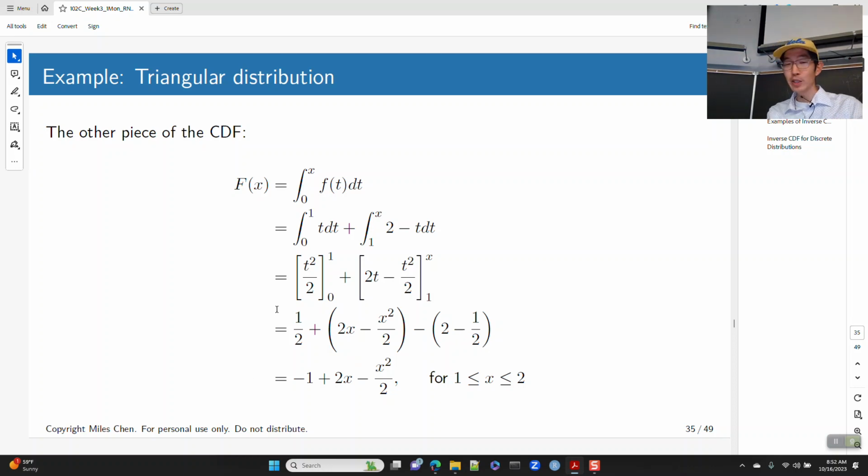So you have 1/2 plus this minus 1.5, and this becomes negative 1 plus 2x minus x squared over 2. Is that all right? So we just have this piecewise CDF.